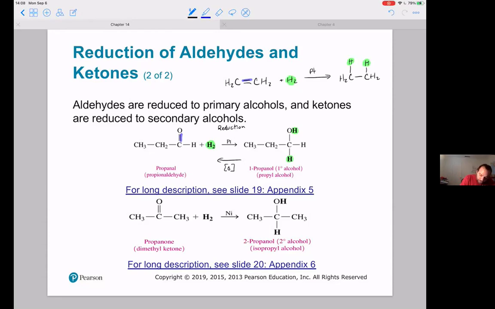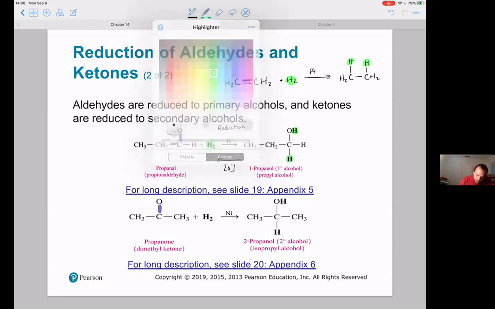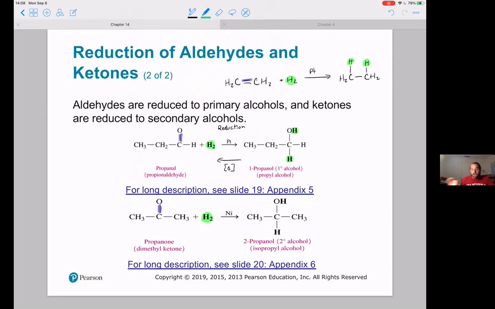We can also reduce ketones. So again, I'm just going to break one of my carbonyl bonds, my carbon-oxygen double bonds. I'm going to then stick a hydrogen onto either side of that double bond, one onto the oxygen, one onto the carbon. So this is, again, a reduction reaction.